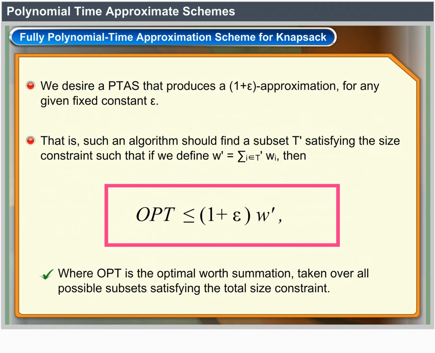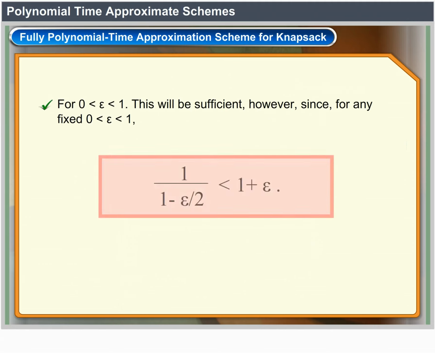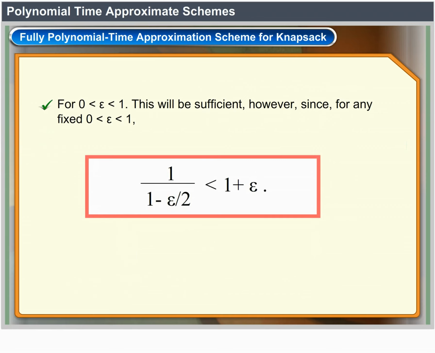To prove that this inequality holds, we will actually prove that W' is greater than or equal to 1 minus epsilon by 2 times opt. For epsilon between 0 and 1, this will be sufficient, since for any fixed epsilon between 0 and 1, 1 by 1 minus epsilon by 2 is less than 1 plus epsilon.